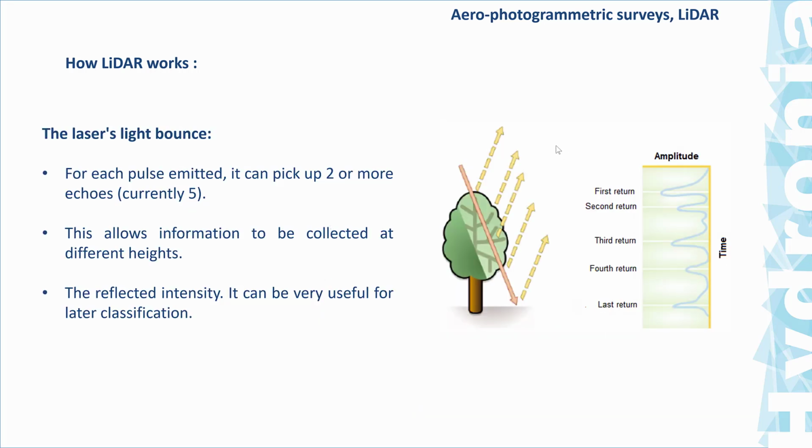The other advantage of LiDAR is that it can detect the difference in surface objects. So you can know if you have vegetation or if you have a building, and then you can use this information to filter your final product so that you get, let's say, a digital elevation or terrain model versus a digital surface model.